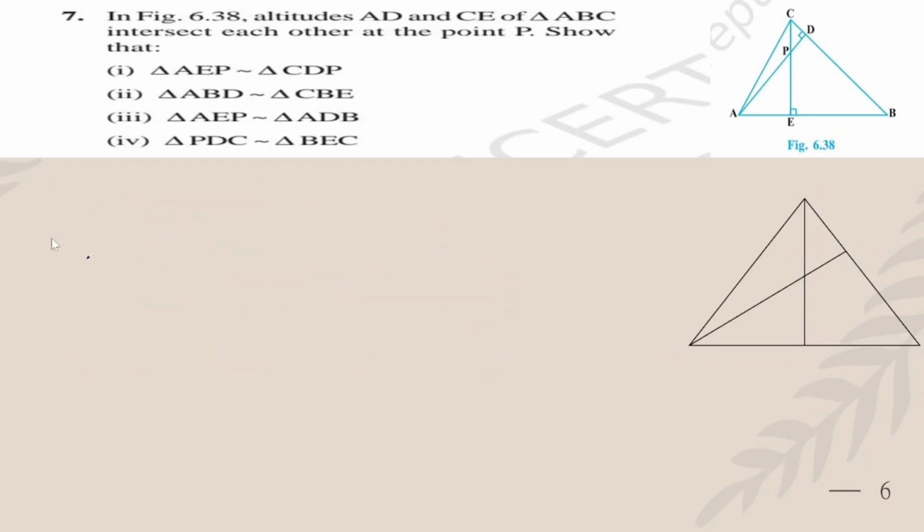Next, question number 2: in triangle ABD and triangle CBE. Let us name it: A, this is C, P, E, D and B. Right angle here, and here it is also a right angle. So ABD, this one, and CBE, this one.